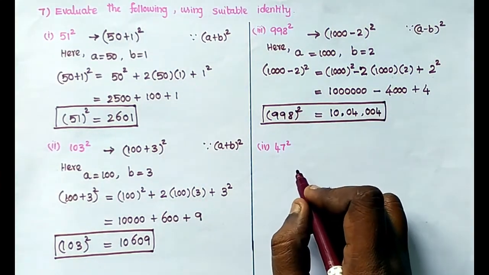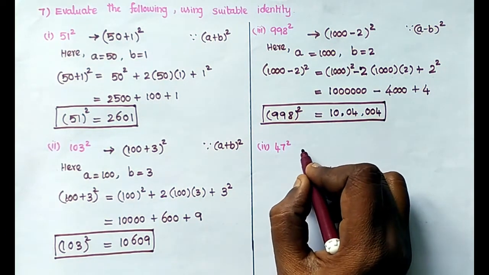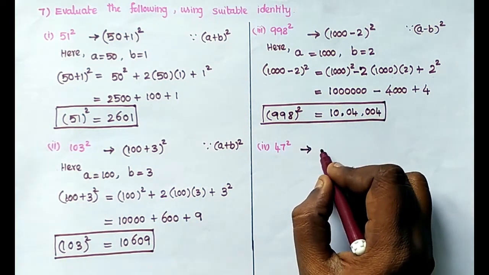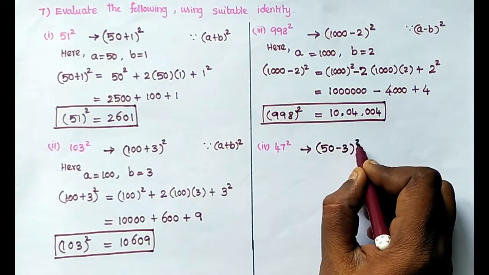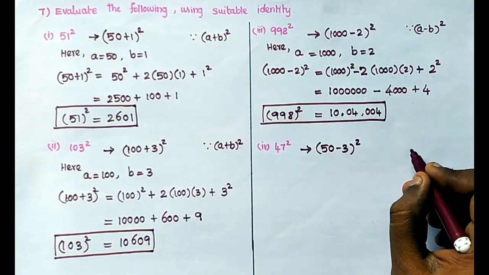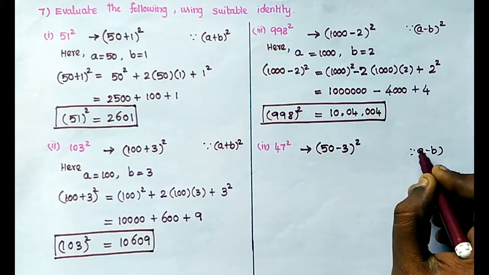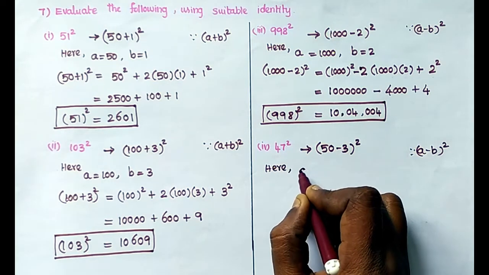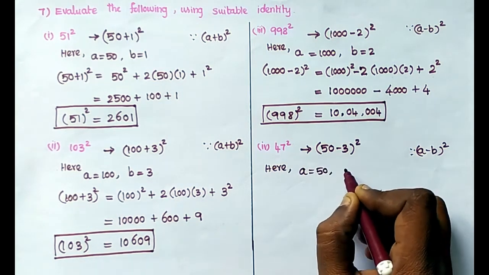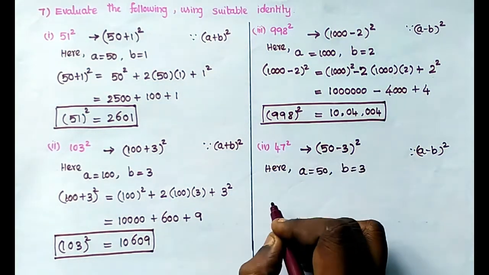Next one, 47 squared. How will you write that? (50 minus 3) whole squared. It is in the form (a minus b) whole squared. Here a equals 50, b equals 3.